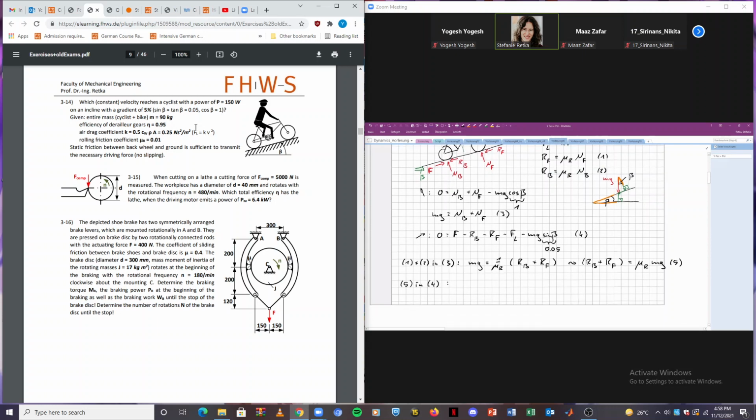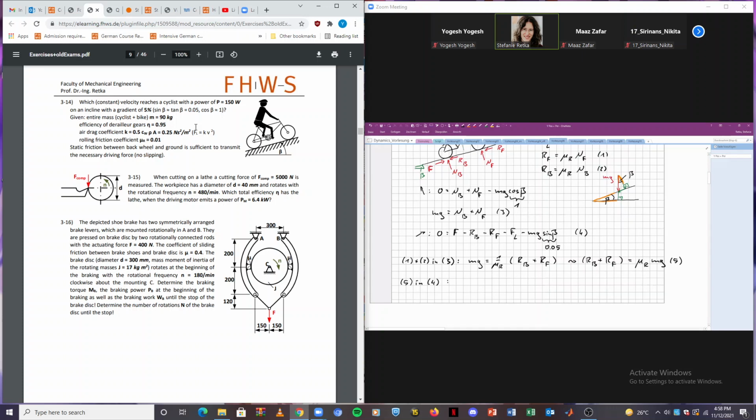And at the same time, I will rearrange equation number 4, putting the driving force on one side and all other components on the other side of the equation. Okay, so we have F is equal to the two forces of friction, which are equal to mu r mg, plus mg plus FL, and FL is equal to kV squared.